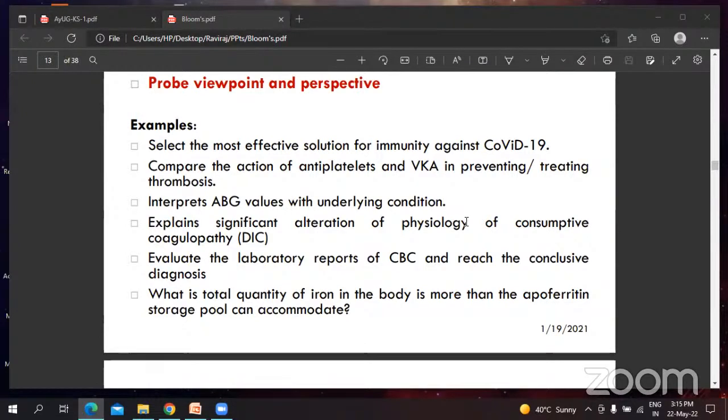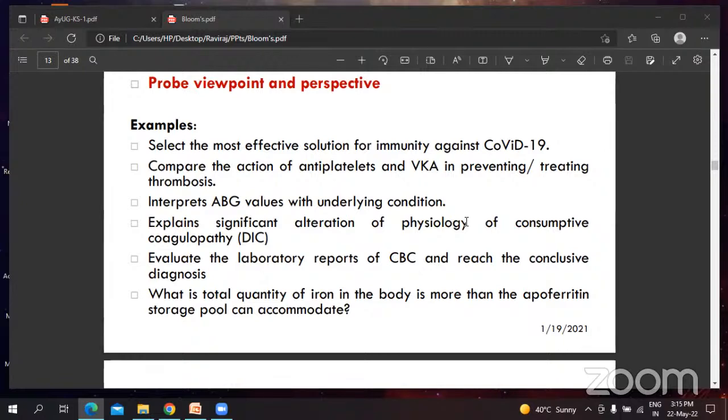So there are a variety of angles to a single CBC report, and without knowing how to analyze, apply and understand this, you will not be able to evaluate the report of a patient. And if you don't do this, you will not be able to reach a conclusive diagnosis in a patient. Are you getting me?